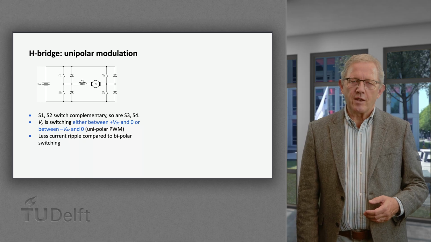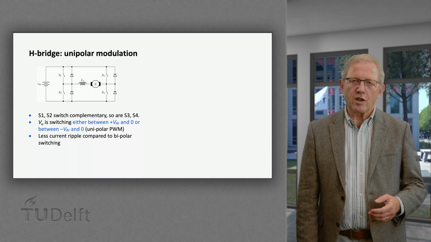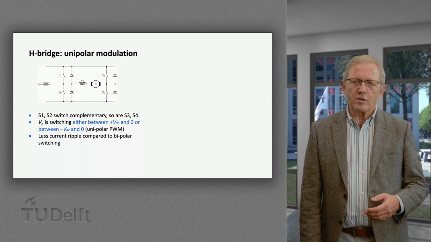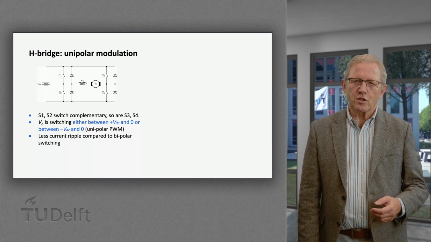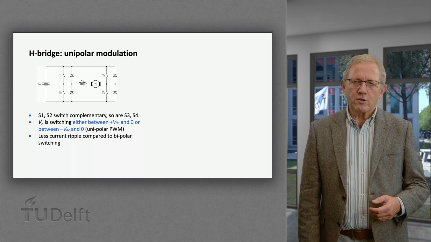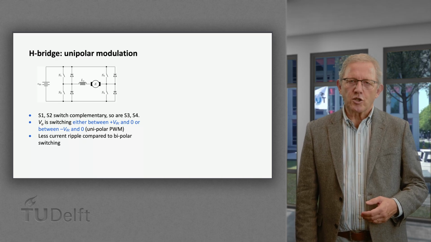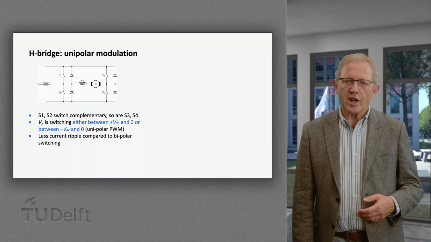Therefore, V output is switching either between VDC and 0 or between 0 and minus VDC, depending on the polarity of the desired output voltage. Compared to the bipolar modulation, the unipolar modulation shows less current ripple because of the lower rate of voltage change.